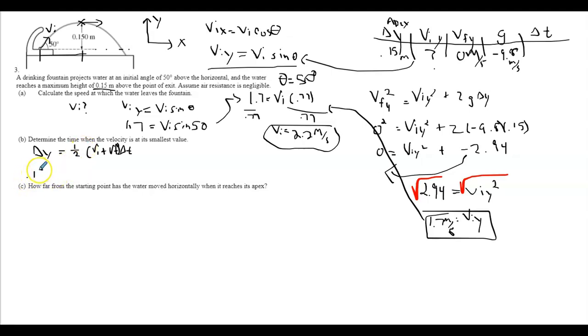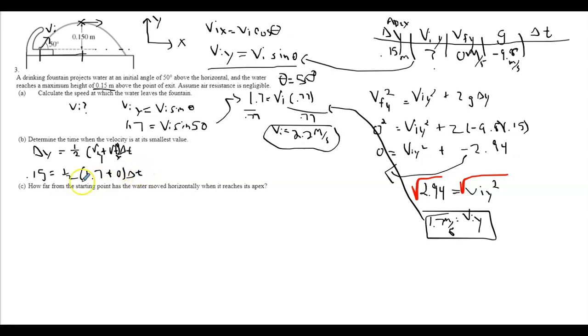So 0.15 is the height. A half is still just a half. I've left out the little subscripts, that's V_iy and V_fy. V_iy we found to be this 1.7, so make sure you plug that into this formula. If you plug in 2.2, that's the overall, and that won't be right. Final velocity at the highest point in the y direction is 0, and then t is what we're looking for.